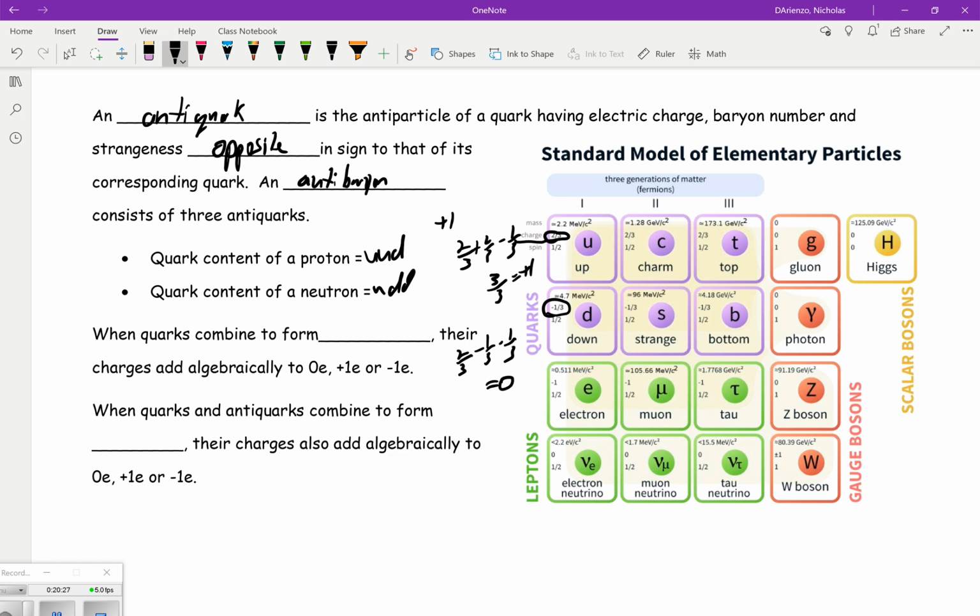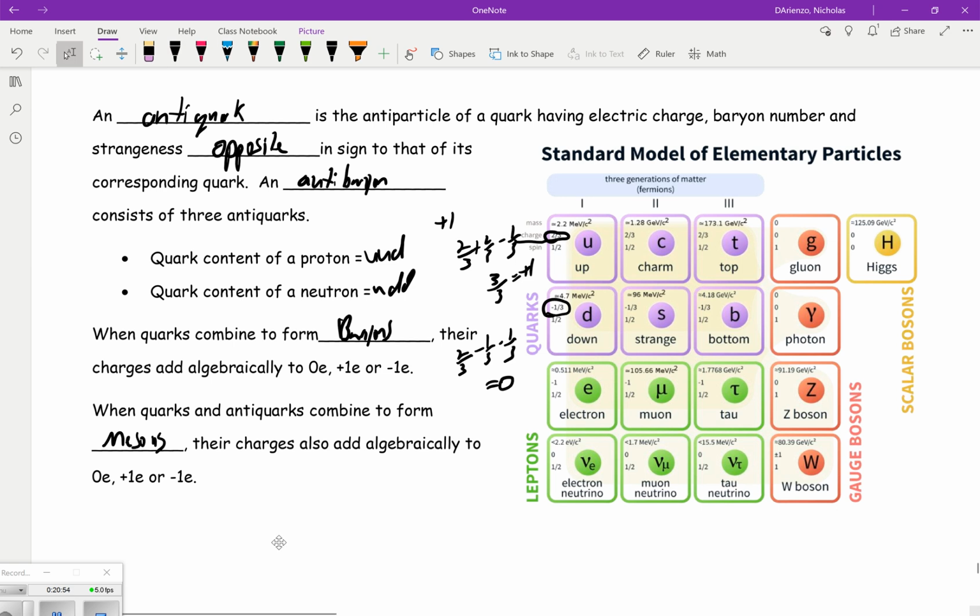Now, when quarks combine to form baryons, as I said, their charges are going to add up algebraically to a whole number, either 0e, plus 1e, or minus 1e. And that's going to be the same when they're also combined to form mesons.